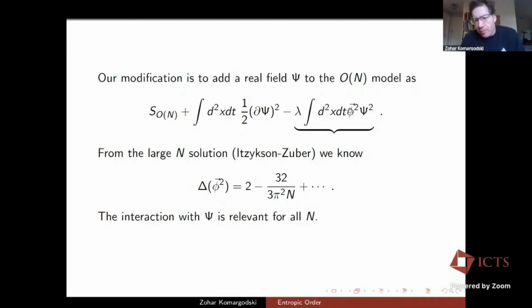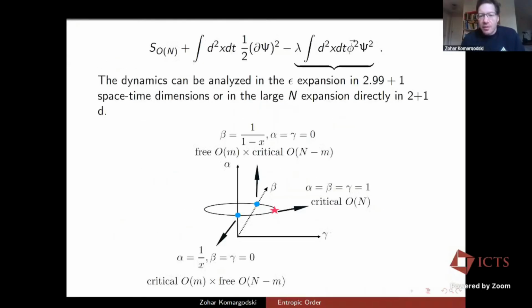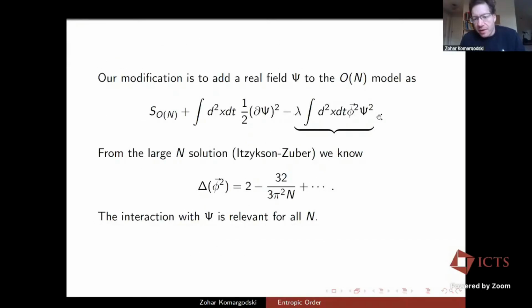It looks like it's not bounded from below. You might worry about it, but it's actually completely bounded from below because there is also a sextic interaction with a positive fixed point value. So it's crucial that the sign here is negative, and then there is a positive sextic interaction, which stabilizes the whole model. So the model is well defined and unitary.